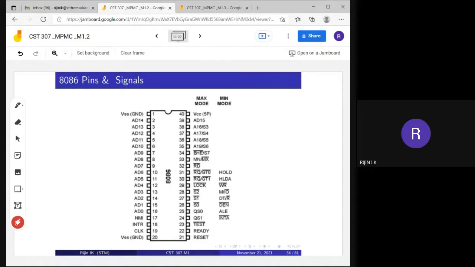It is a time multiplexed address and data line, which means in the first clock time, it will send a 16-bit address. Then in the remaining clock period, it will send the 16-bit data. Likewise, it will transfer data and addresses.